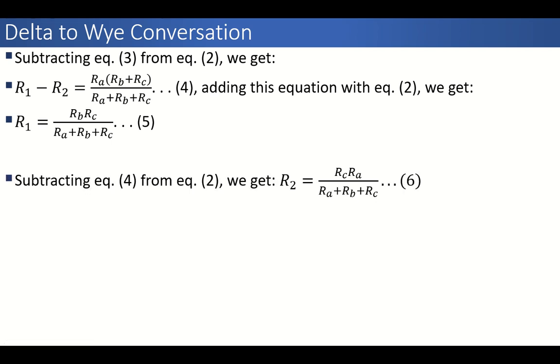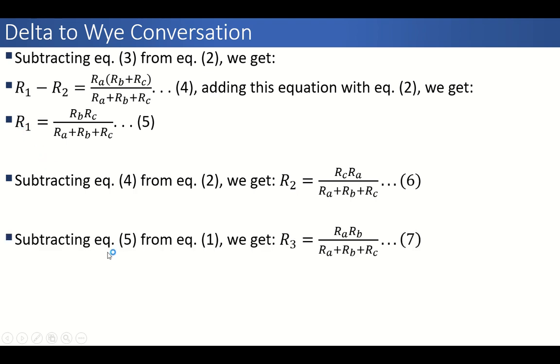So similarly, subtract equation 4 from 2, we get the value of R2, that will be equal to RC RA divided by RA plus RB plus RC. So now again we have the value of R2 here and R1 here. Similarly, subtracting equation 5 from equation 1, we get R3 is equal to RA RB divided by RA plus RB plus RC. So you can see that now we have value of R1, R2, R3 in terms of RA, RB and RC.